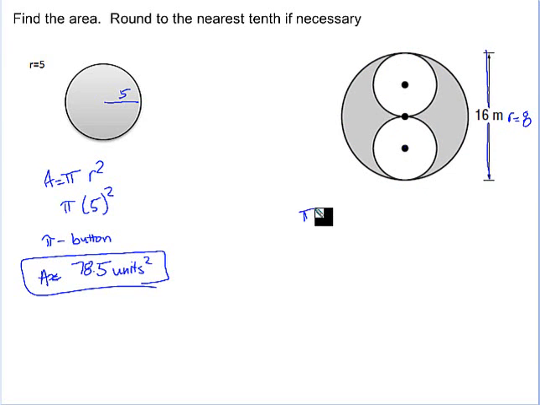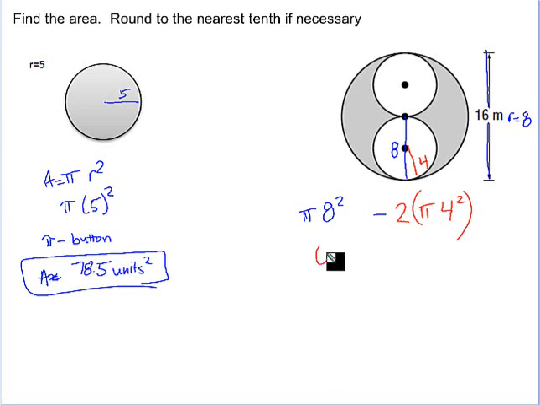So the large circle would be pi times 8 squared. Then we want to subtract off the area of the two smaller ones. If the large circle had a radius of 8, the smaller circle's radius has to be 4. So we're going to subtract off two circles, which both have the area of pi times 4 squared.